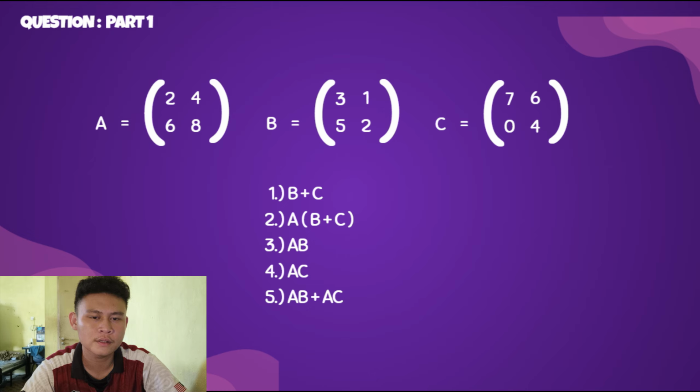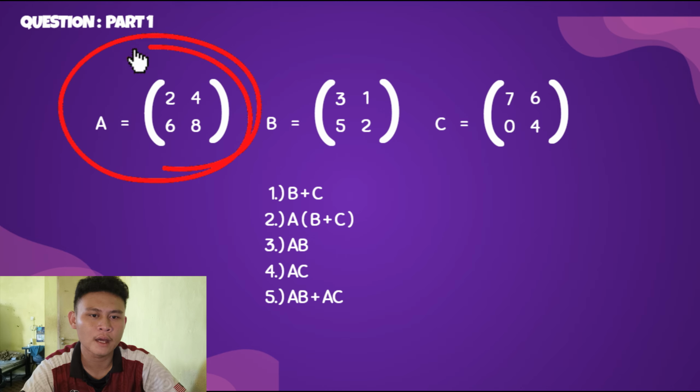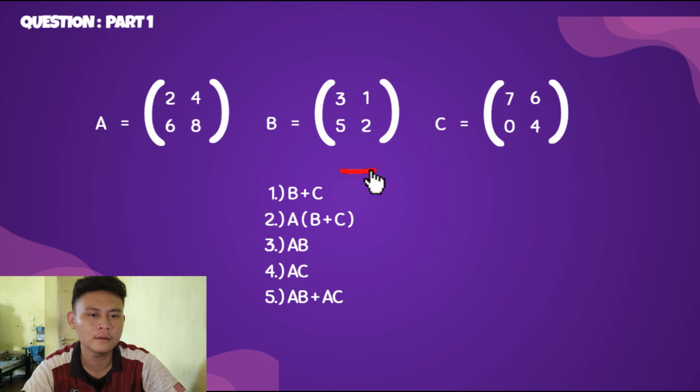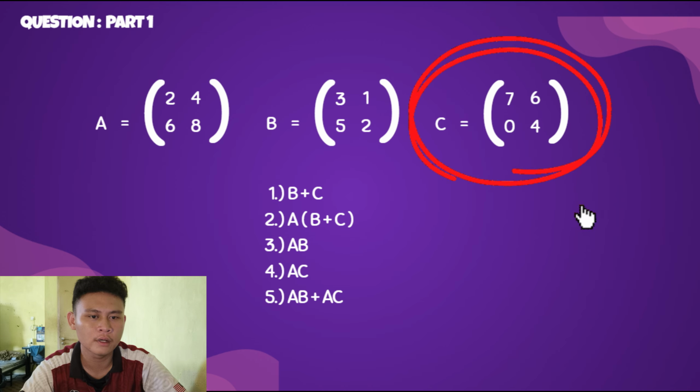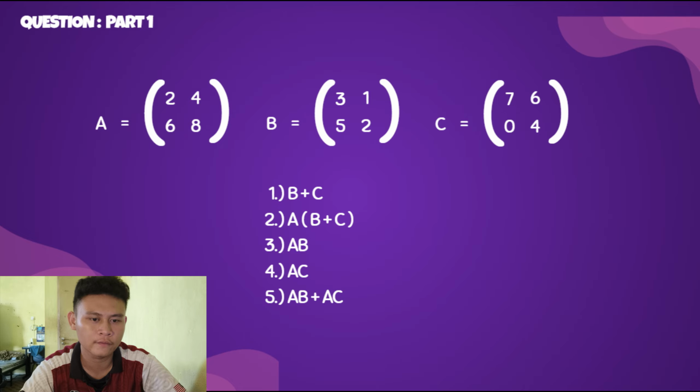So we're going to use our own numbers to prove the equation from the previous slide. For A, 2, 4, 6, 8, and B, 3, 1, 5, 2, and the last one C, 7, 6, 0, and 4. We're going to break it down into five parts.